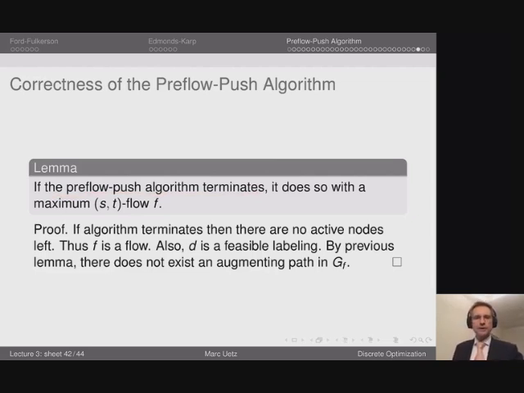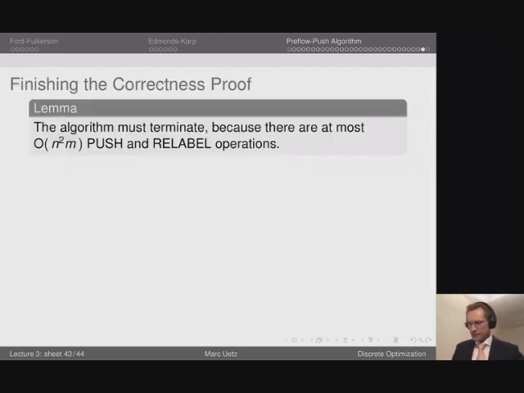So the final ingredient for the correctness of this algorithm is the proof that it actually terminates. Why doesn't it push around the flow forever in the network? For that, we need the final lemma: the algorithm must terminate because we have at most order n squared times m push and relabel operations.